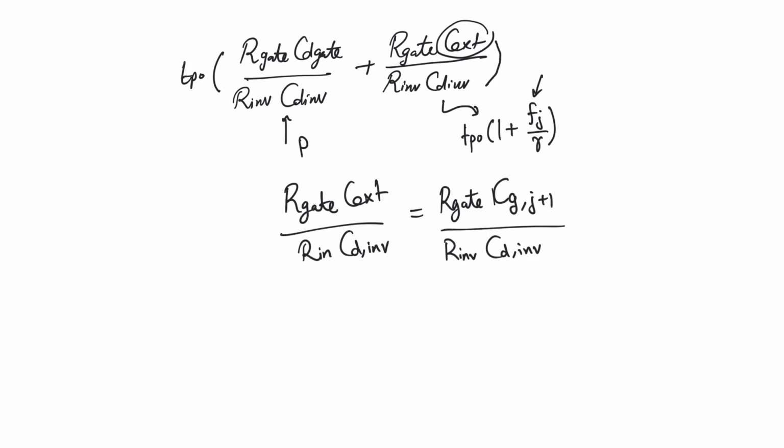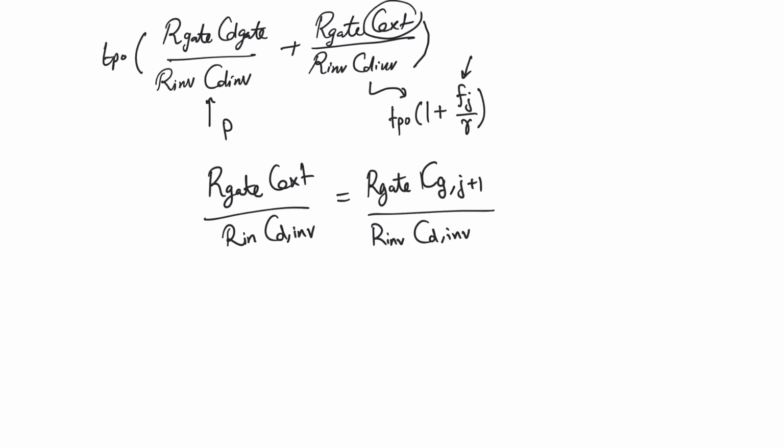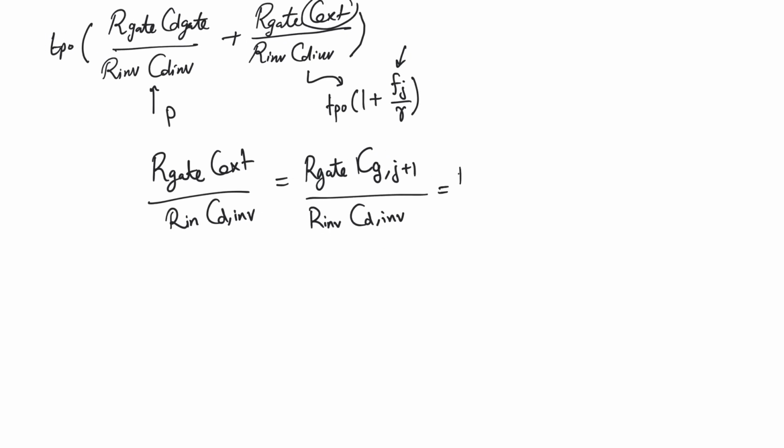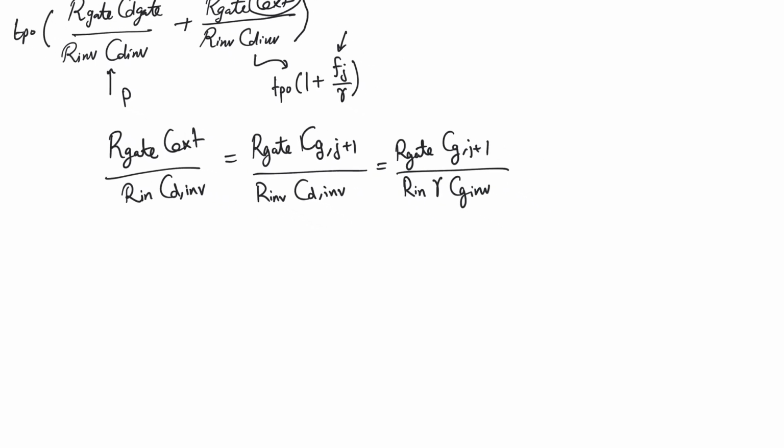We generally want to compare gate capacitance to gate capacitance, or drain capacitance to drain capacitance. But we know there is a relationship between them, so we can replace C drain inverter with gamma C gate inverter. This way we get rid of the discrepancy between gate capacitance and drain capacitance. So that's taken care of.